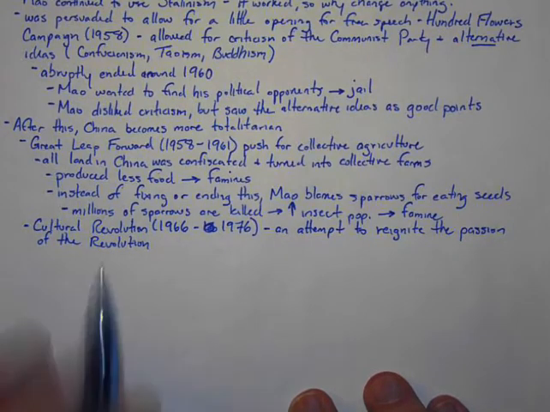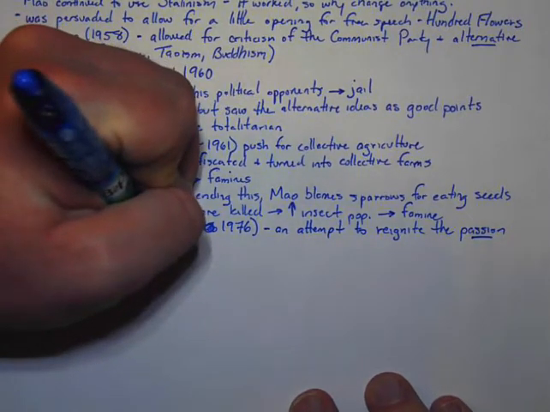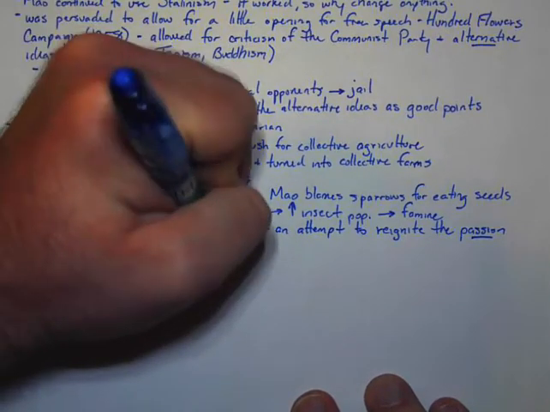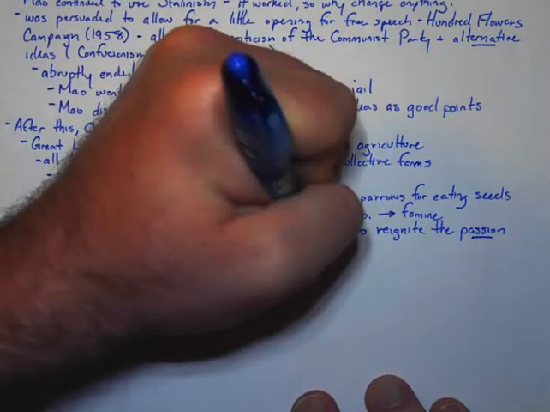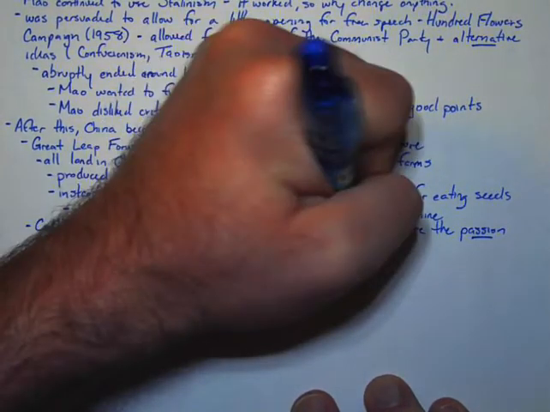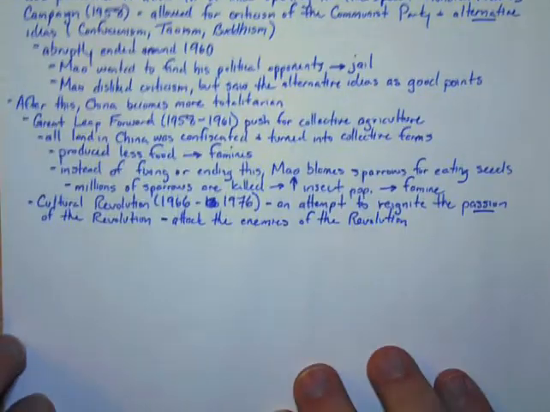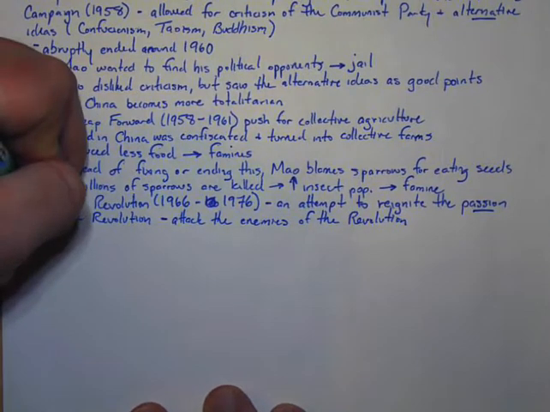And so, what the Cultural Revolution does is try to get people excited and passionate about what the Chinese Communist Party is doing. And the way they're going to do this is through attacking the enemies of the revolution. And so you might ask, who are the enemies of the revolution?